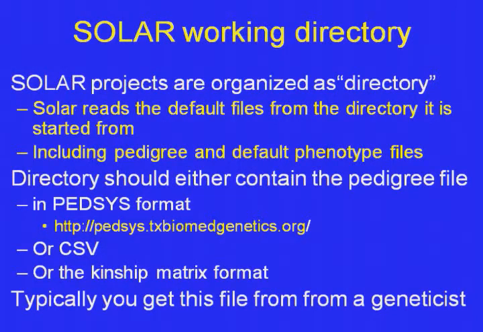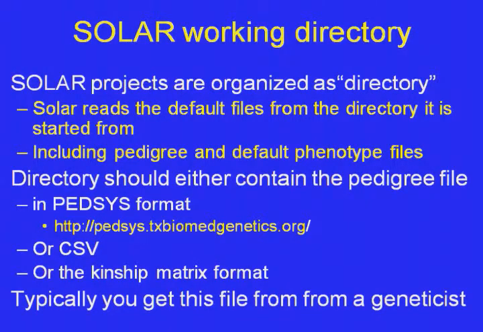So Solar projects are organized as directories. That is not to say that you cannot run Solar processing on data that's outside the directory, but Solar assumes that all the data and all the pedigree files are located in the directory from where it's run.